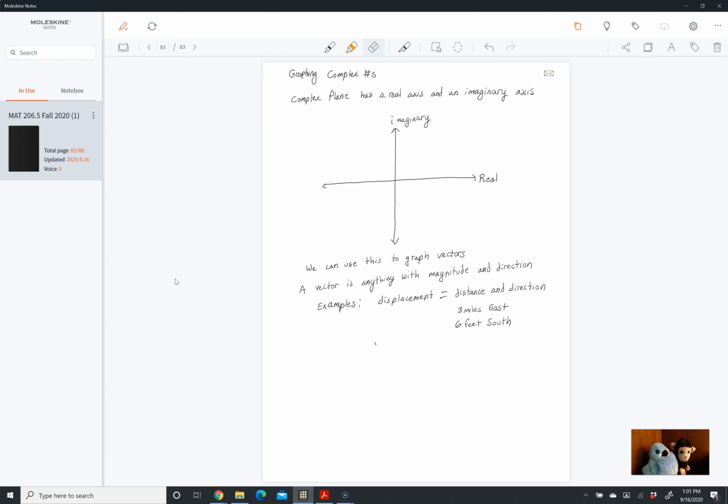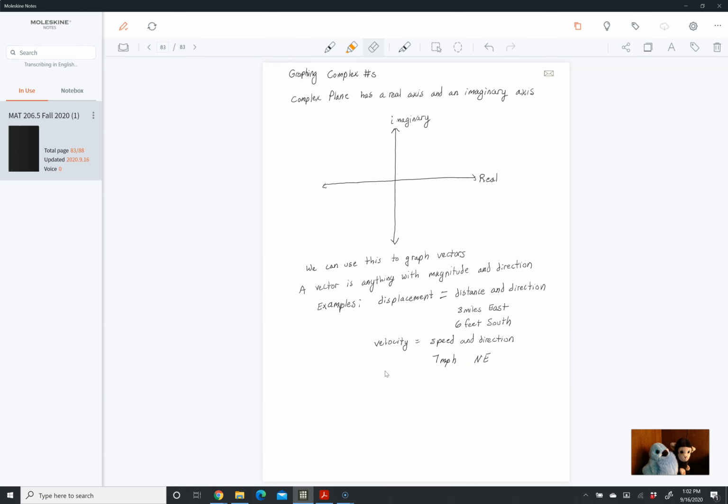Another example is velocity. Without direction, it's just speed. So this is speed and direction. So it might be 7 miles per hour northeast, just to make it simple.